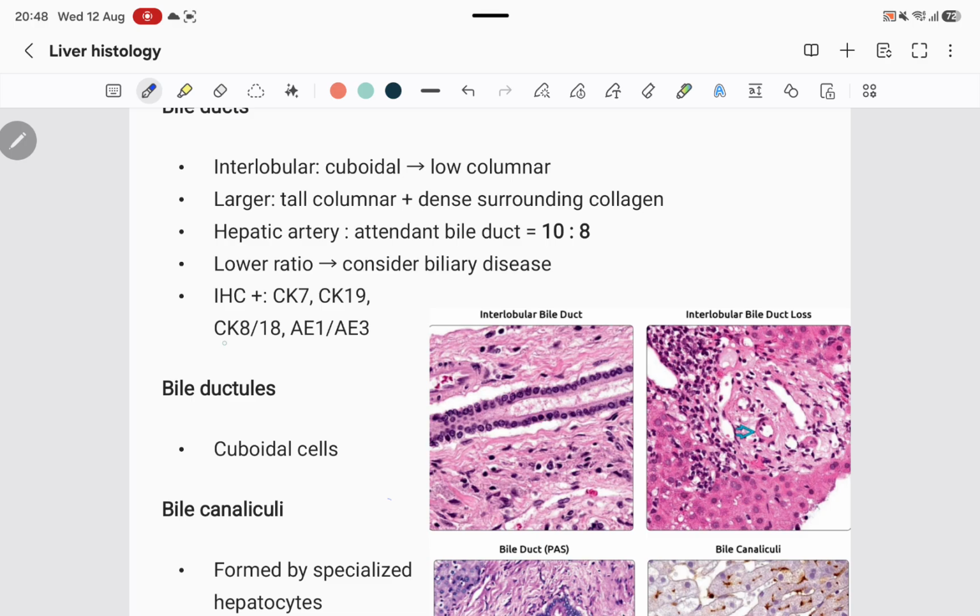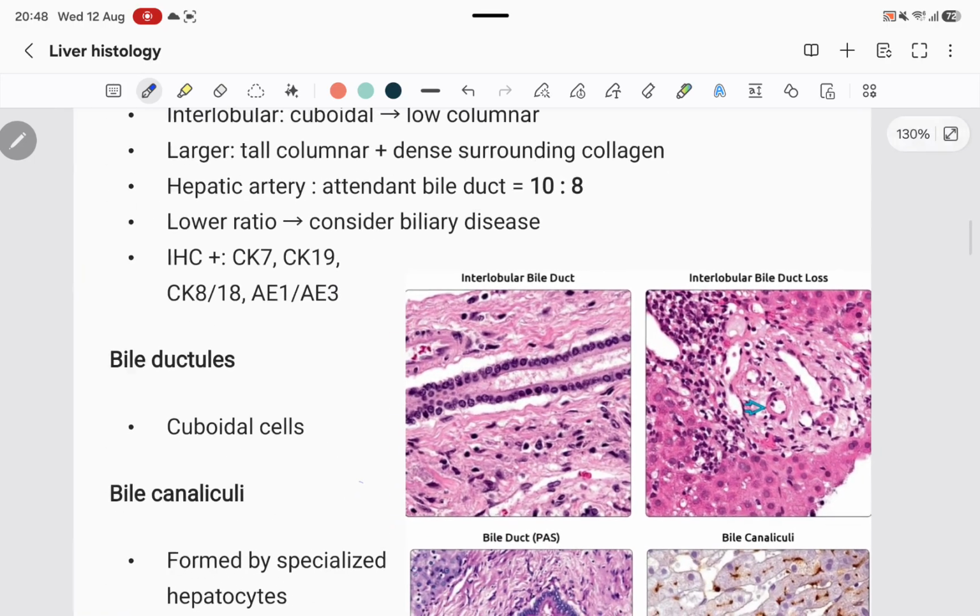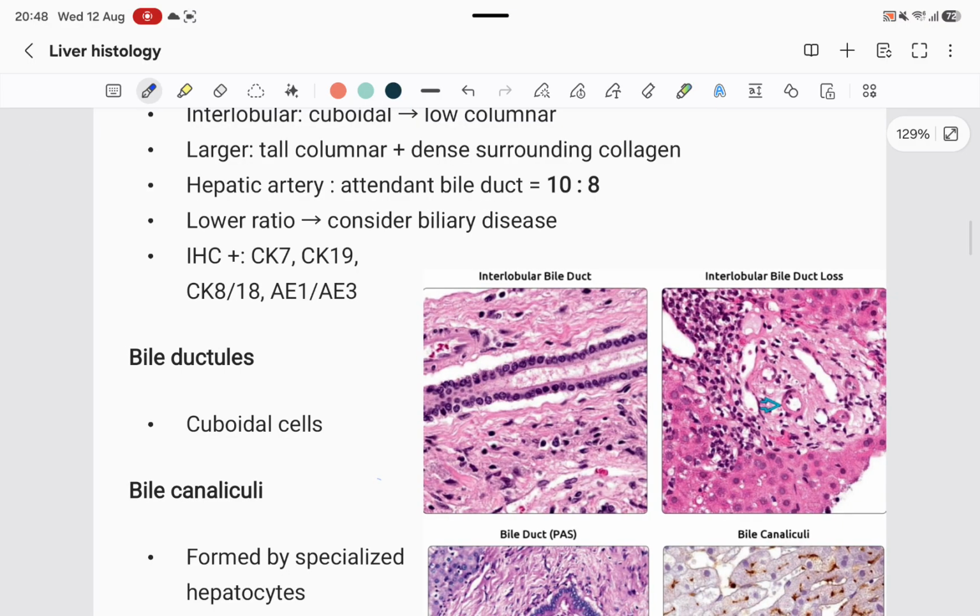Other stains, like the liver, stain with CK8 and 18. As I said, the 8 is like an infinity, because the liver looks like that. It's not too easy to remember, but for me it is.